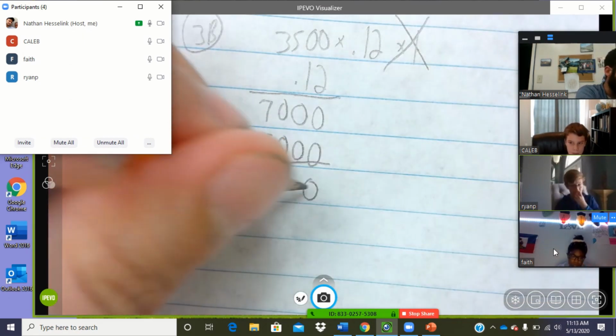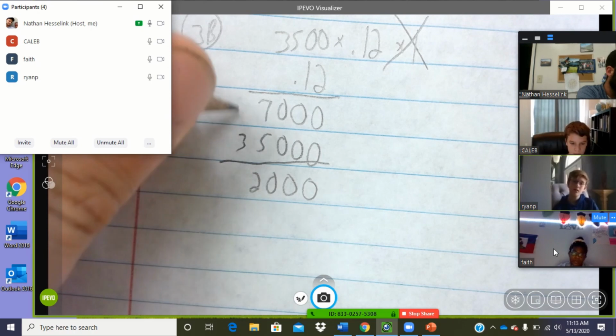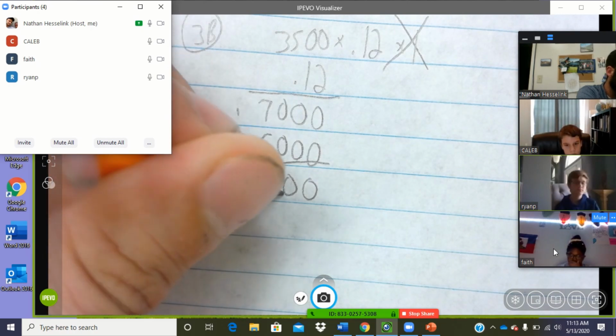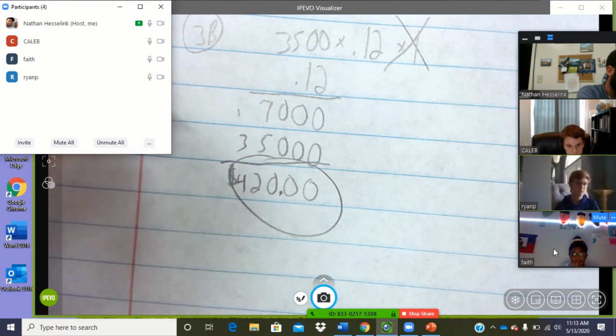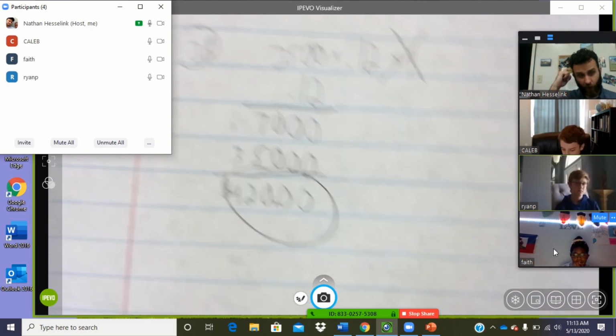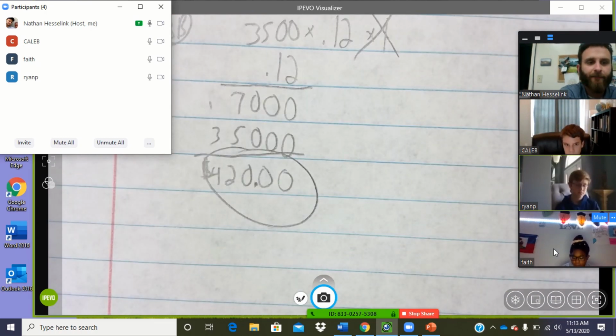And you should have this work done in your book. You should have gotten $420 of interest at 12% over 1 year. Okay. Looking at letter C, half a year.